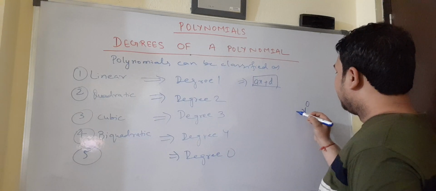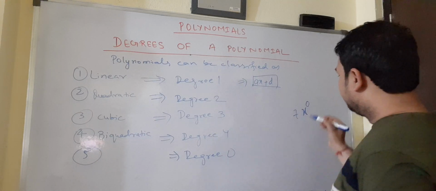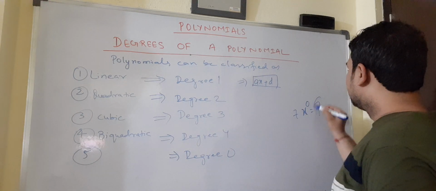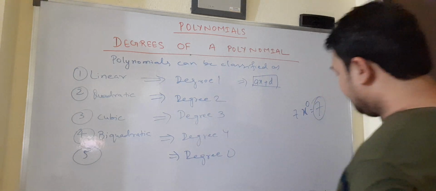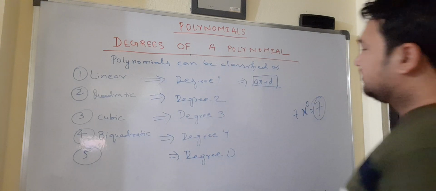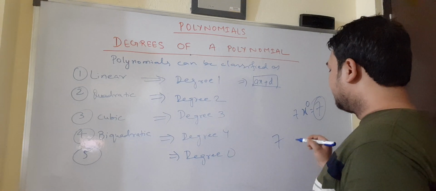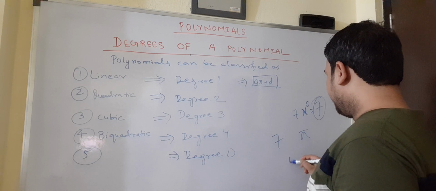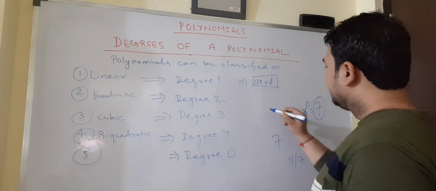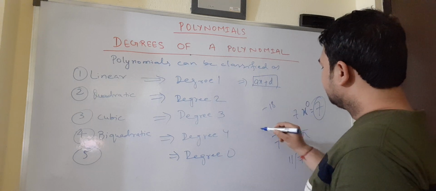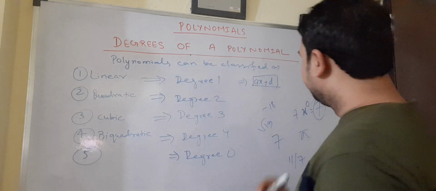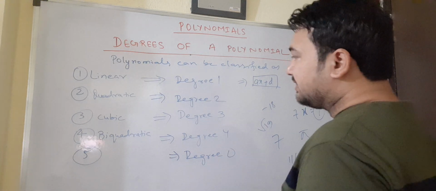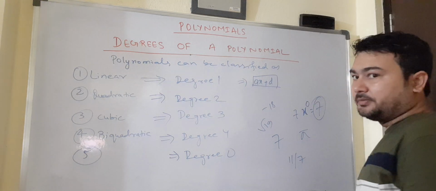So it can have any coefficient such as 7. So this will give you 7. So what does it represent? It represents a constant polynomial. So every constant polynomial, suppose 7, pi, 11 by 7, minus 18 root 19, these all are constant polynomials. You have studied constant polynomials in your last class. Hope you remember it.